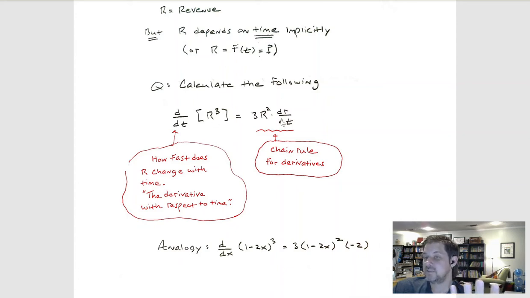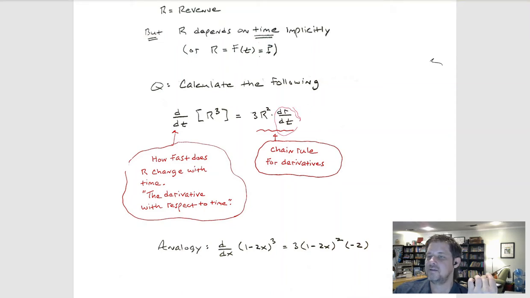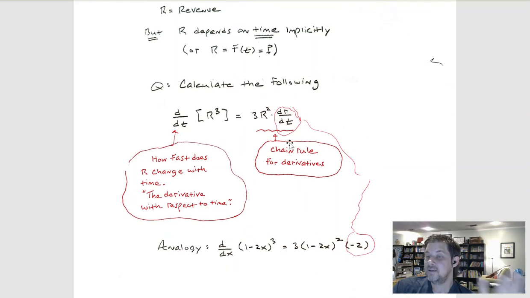So right here, this dr over dt is analogous to that. It's the most we can say about it, given that we know that r depends on time implicitly somehow. It's just the chain rule. These are the same thing. And that's a little bit conceptual, a little bit philosophical, but that's the underpinnings of what's happening here.